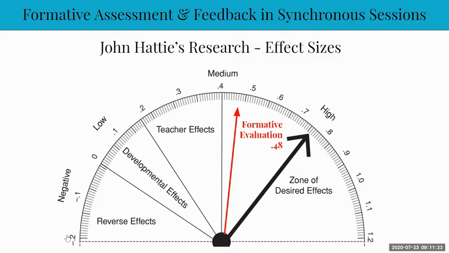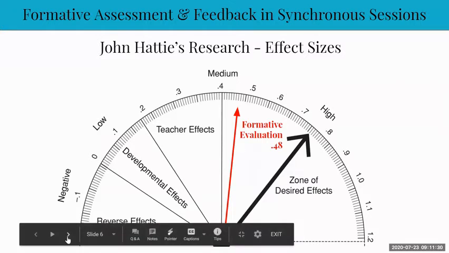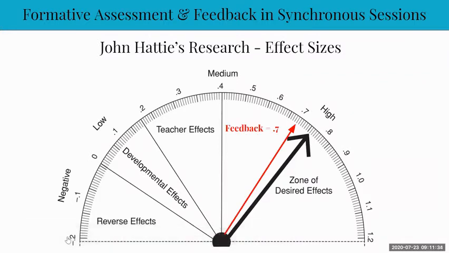You can see there it's above 0.48. So it's good. It's good to use as an instructional strategy with consistency and with fidelity. Another one we can look at is the feedback piece. And we're going to talk about that today. But obviously, when you give formative assessment, you learn how kids are doing. To be able to give them quality feedback increases the learning that much more, all the way up to a 0.7, which is an even higher impact.